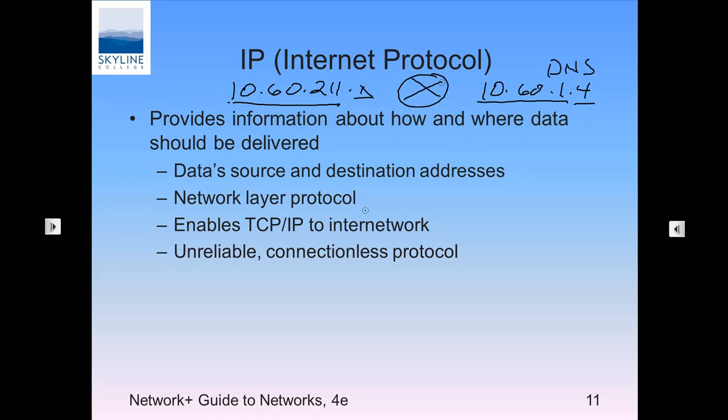Once it gets to that network, it uses a protocol called ARP, Address Resolution Protocol, to find the MAC address. The only thing the network layer really does is find the network. Once you get there with that source address, you use ARP to find the individual computer, because the MAC address is supposed to be unique.